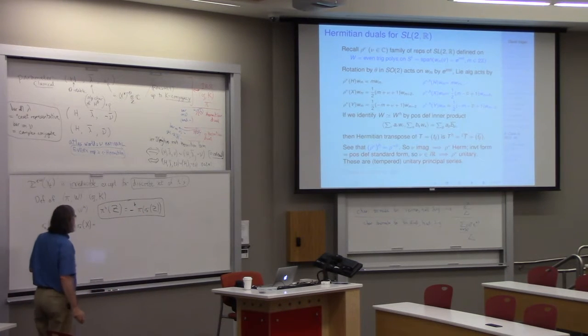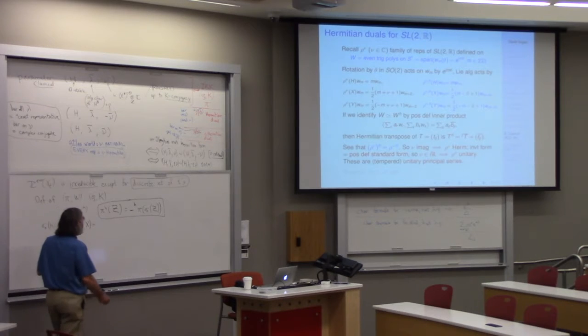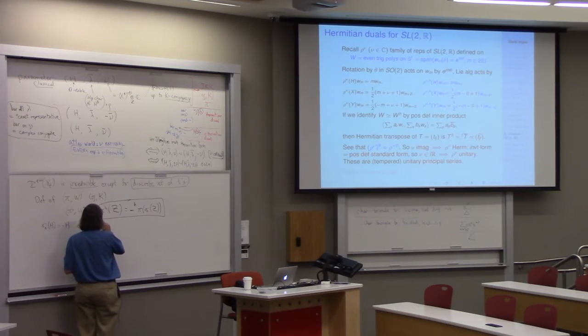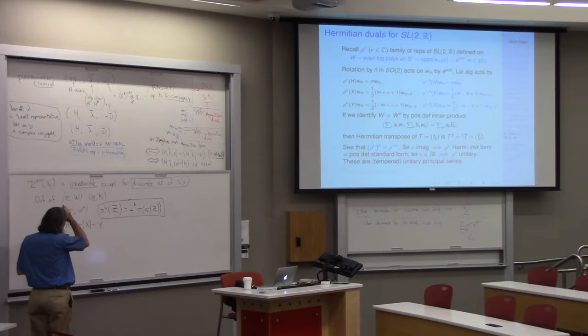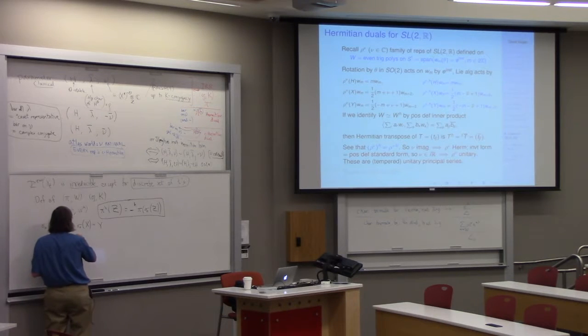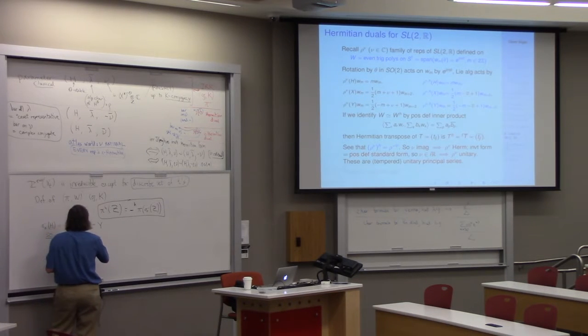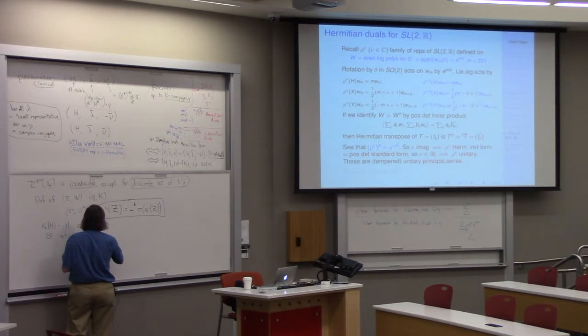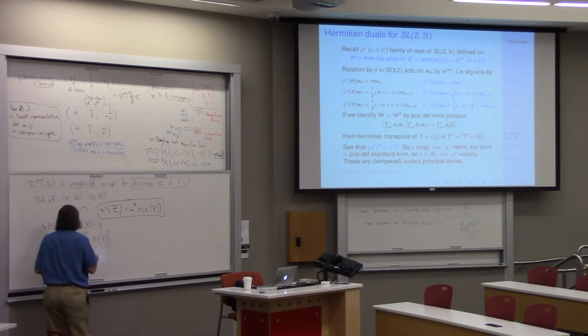Now I think it's correct. I think sigma 0 of X is Y. So what that says is that in our setting, this Hermitian transpose operation on X is minus pi of Y Hermitian transpose.